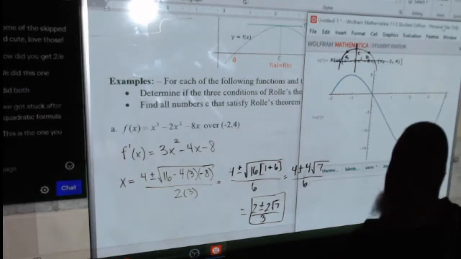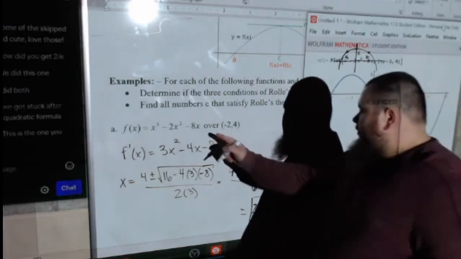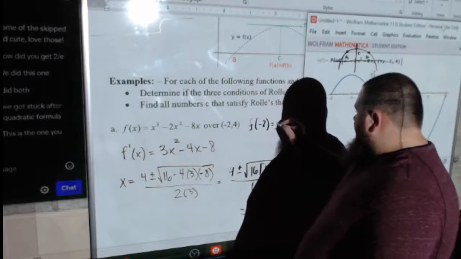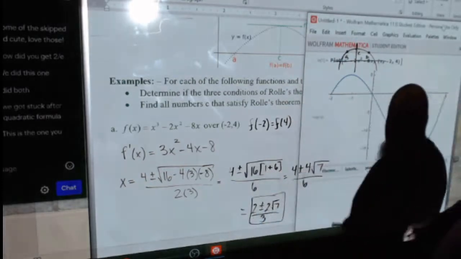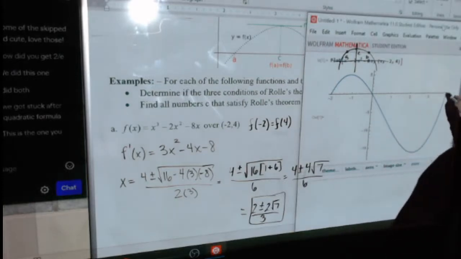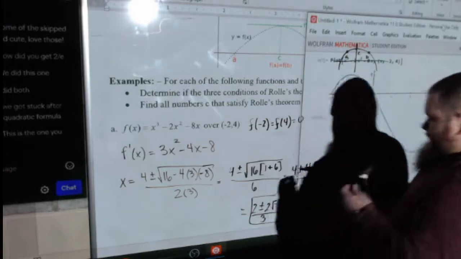Now, of course, for Rolle's theorem, we also had to prove that the endpoints were equal, but we had already done that, right? So f of negative 2 was equal to f of 4. And we can see that pretty easily here on the graph. f of negative 2, f of positive 4, they both appear to be 0.